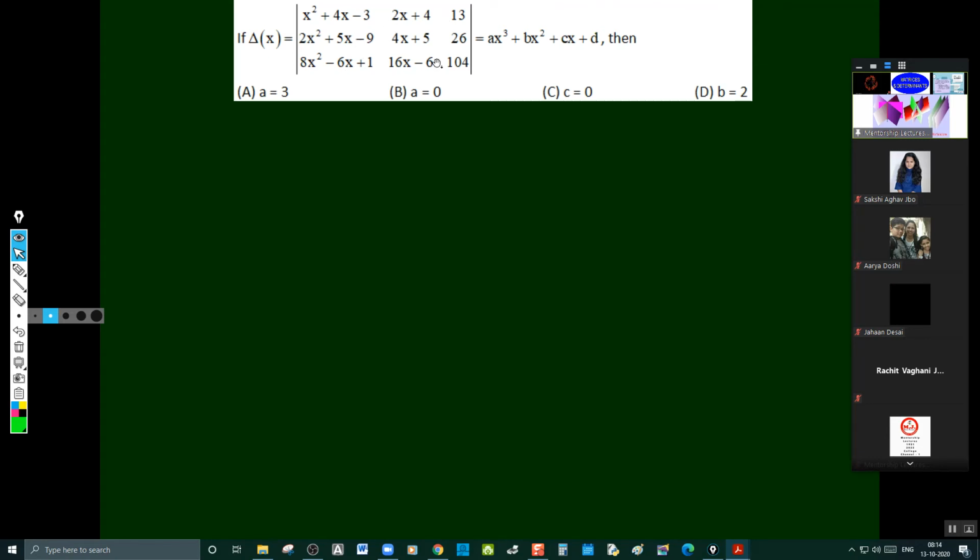We found these two columns equal, and hence the determinant becomes 0. And thereby we say that the value of this determinant is a constant because its derivative is 0, and thereby we got the values of A, B, C, D also.